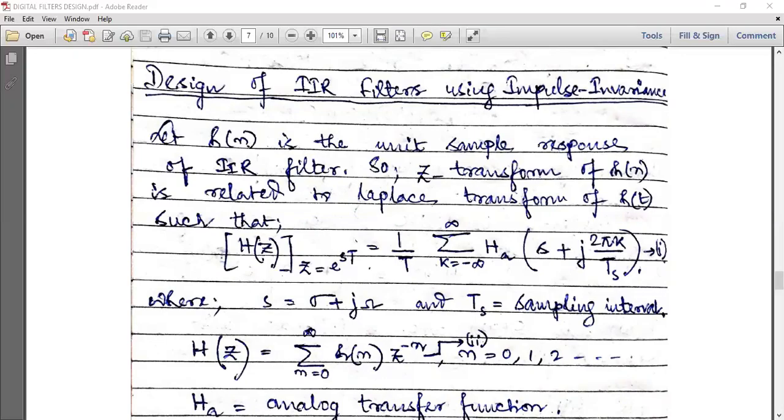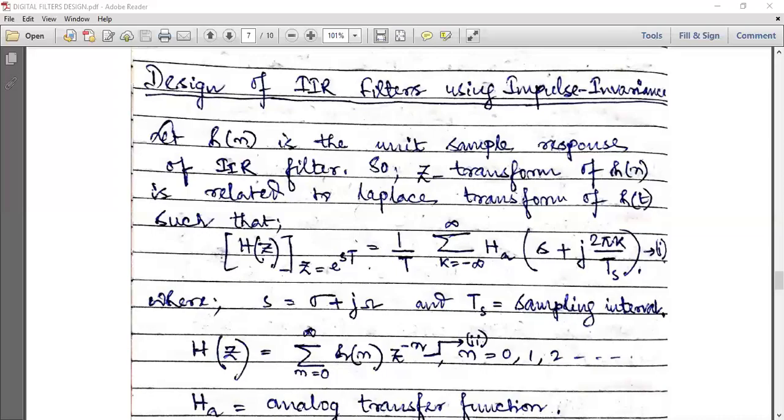Okay. So now you can follow the note. So let h[n] be the unit sample response of the IIR filter. Now, the Z transform of h[n] is related to the Laplace transform of h(t) such that H(z) at z equal to e to the power sT equals 1 by T summation k equal to minus infinity to infinity H_a(s plus j 2 pi k by T_s).